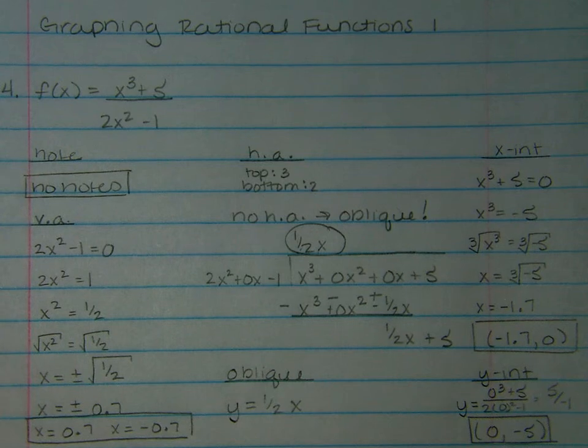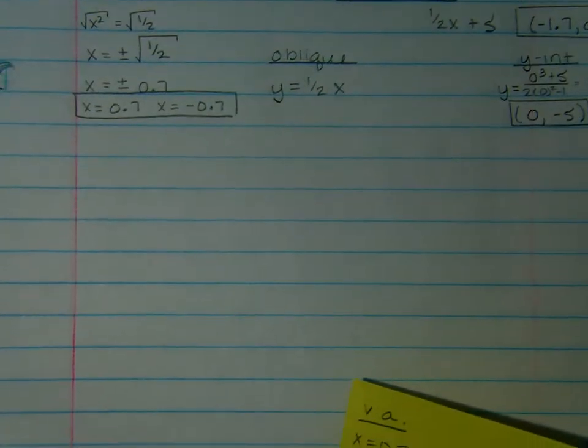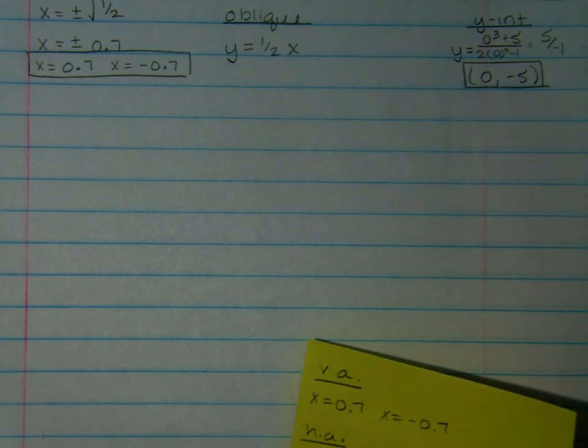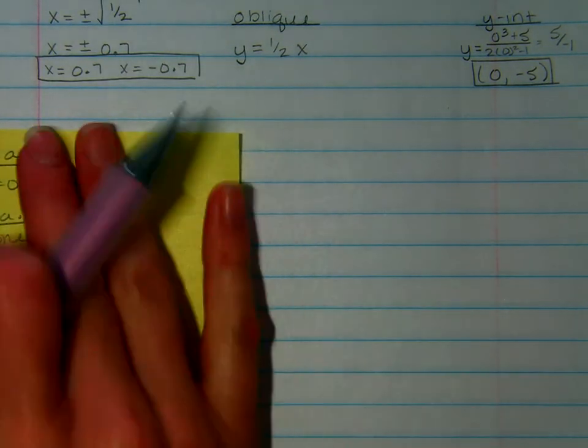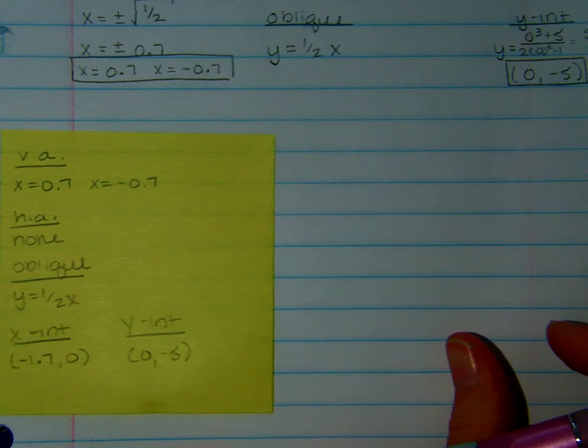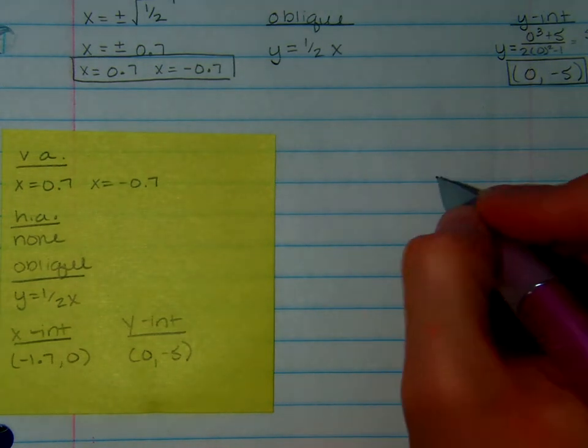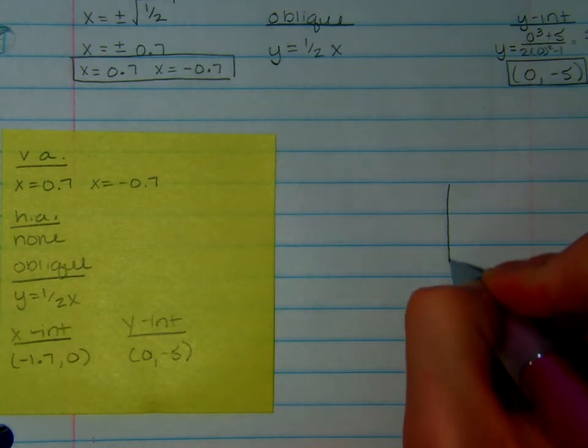And now we're going to graph this. Put the page down and we'll graph it. There we go. Okay. Right here. So I'm going to draw my XY axis.